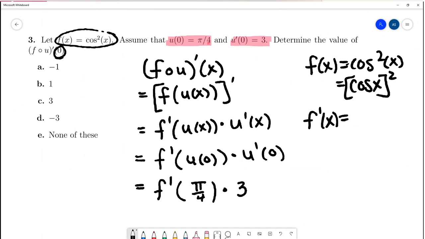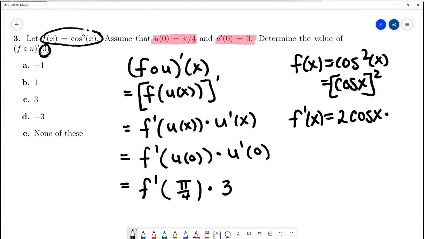The outside function is my power. I bring that power down. Leave the inside alone, but I'm going to take one away from the power. So instead of that cosine being squared, it's to the first power. And then I have to chain by multiplying by the derivative of the inside. The derivative of cosine is negative sine x.